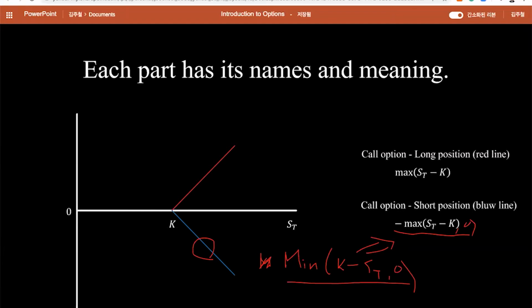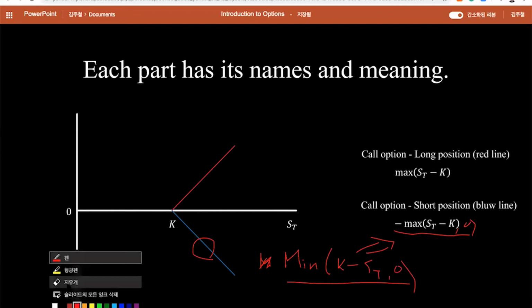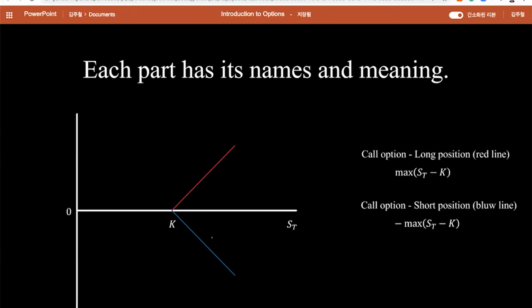Another way of thinking that this is right is that suppose you have a certain formula for this one, then this blue line is just a reflection along the x-axis. You can just put the negative sign on this one, then you get this formula. And actually, that's a very good question.